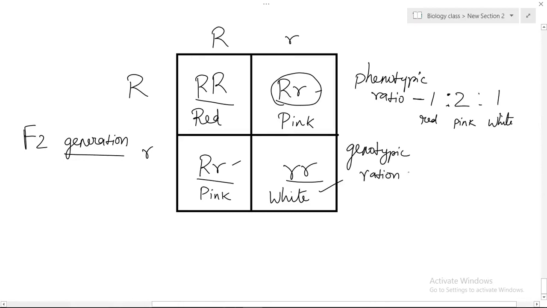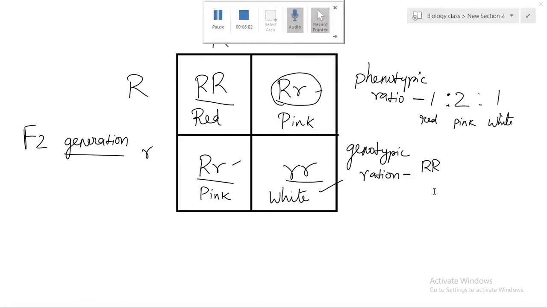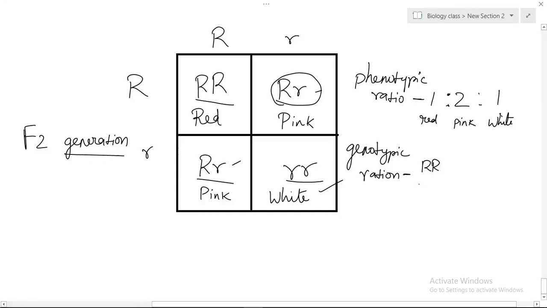Capital R capital R, which is going to be the red, and 2 pink, capital R and small r, and 1 small r small r, which is white.